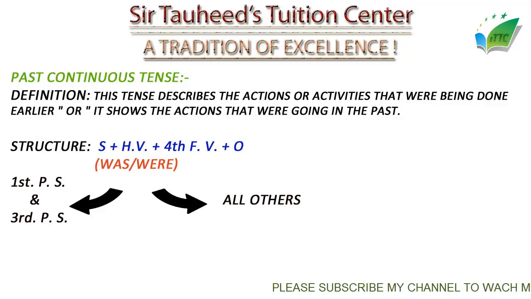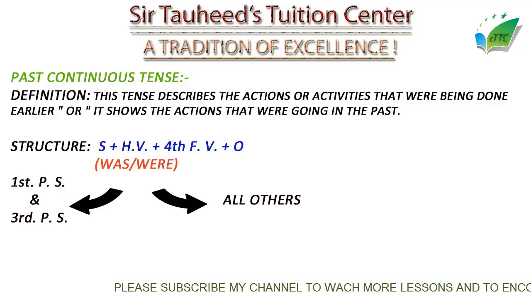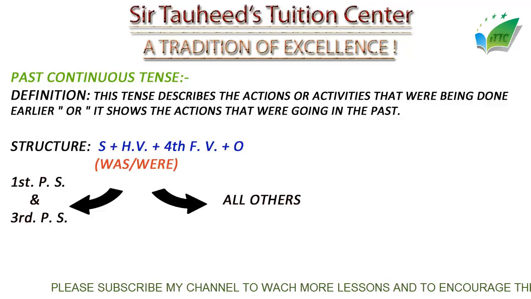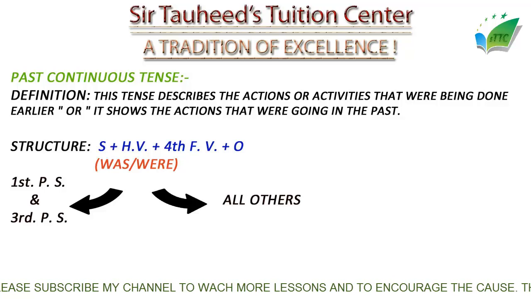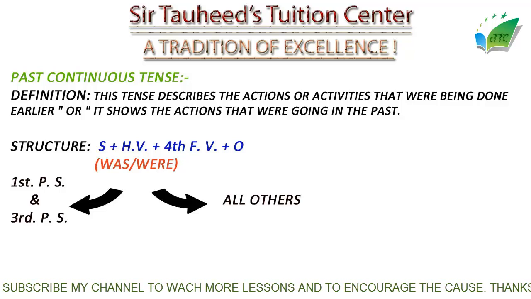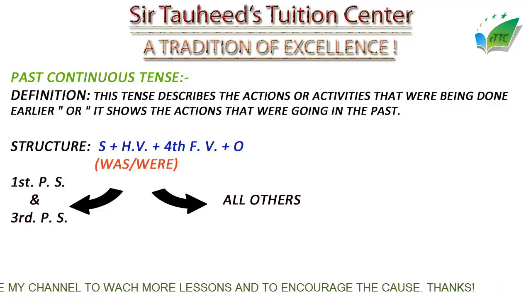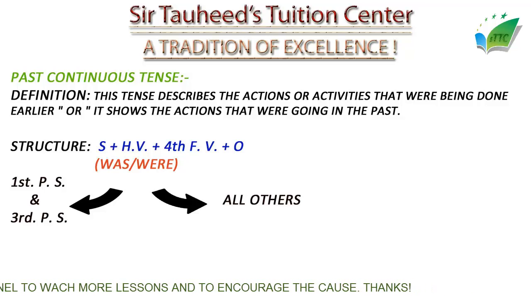Now let's have a look at the usage of was and were. We always use was with first person singular and third person singular. Like I. I is first person singular, so we use was after I. And the examples of third person singular are he, she, it, or any singular noun.